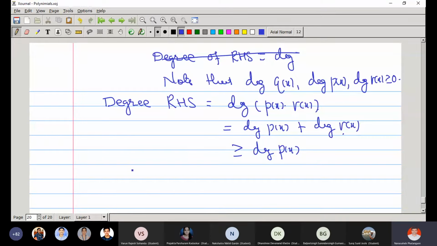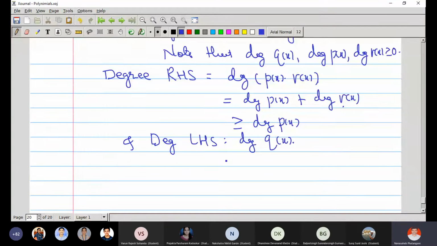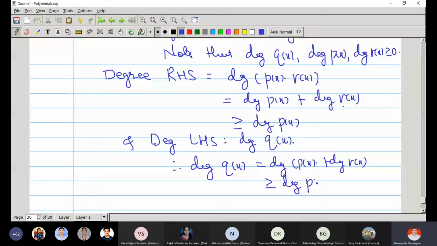Degree of q(x), and LHS and RHS are equal, therefore their degrees are the same. Therefore the degree of q(x), which is the degree of p(x) plus the degree of r(x), is greater than or equal to the degree of p(x), because r(x) has a non-negative degree, and if you neglect it, the sum is smaller, right?